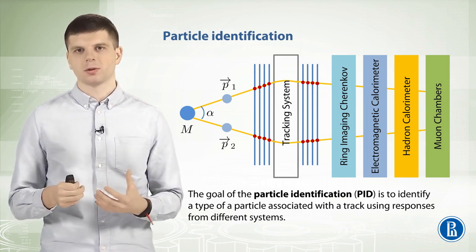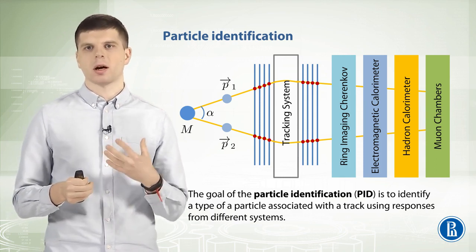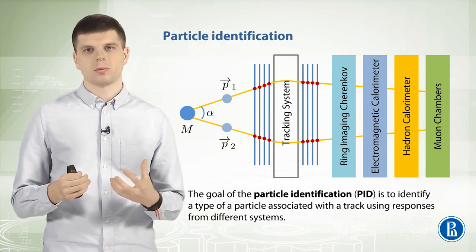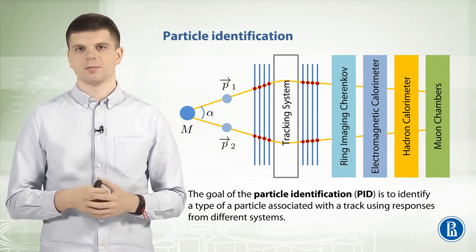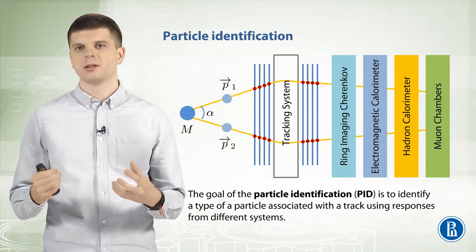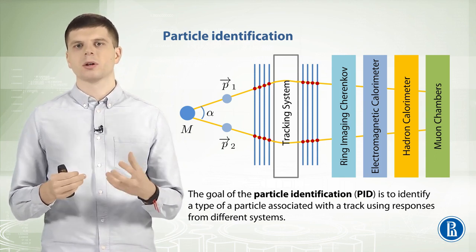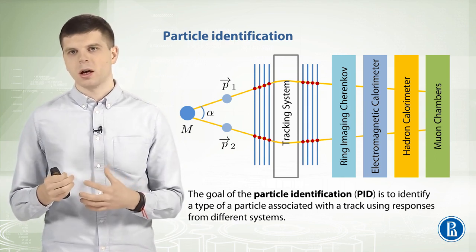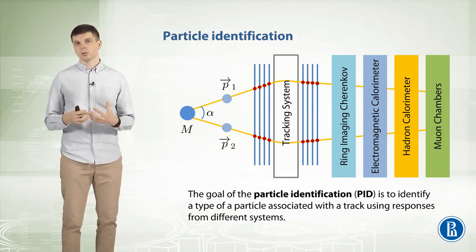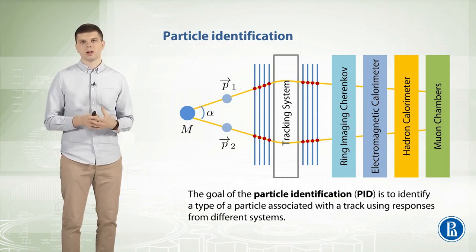Electromagnetic and hadron calorimeters measure particle energy, and muon chambers recognize muons and also estimate their energy. This week we will talk about how all these systems work and how they recognize particle trajectories and measure their energy and momentum values. Also, we will talk about the particle identification.